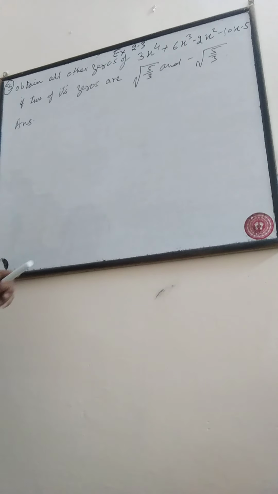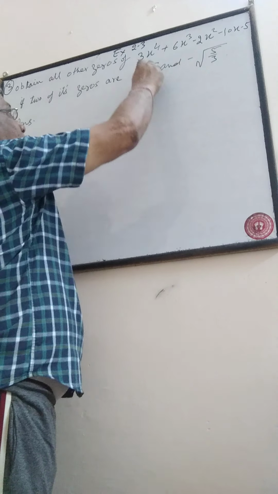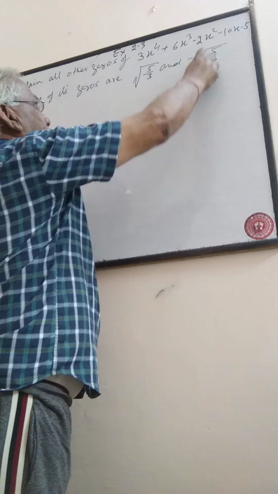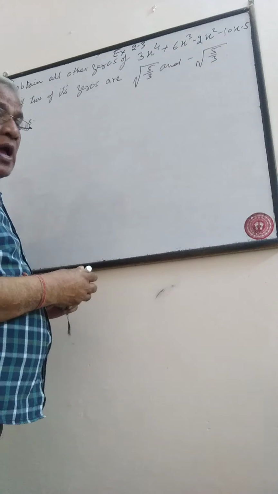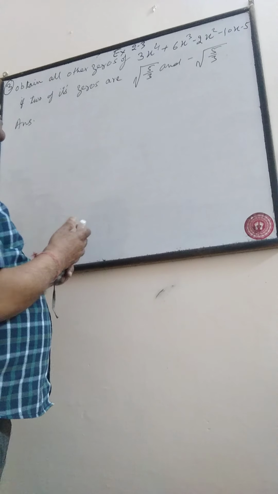The maximum number of zeros will be 4. You have got two zeros, root 5 upon 3 and minus root 5 upon 3, as given. So you have to find out the two other zeros. And how will you find those two zeros?